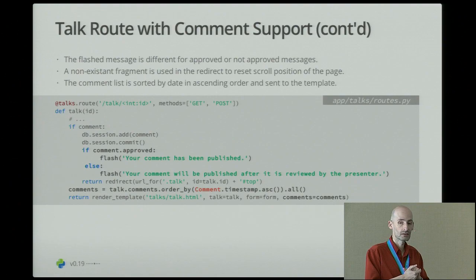That will give me the query that gets me all the comments for that talk, only for that talk. And then I order them in ascending order by date, by the timestamp. And I send them down to the template for rendering. Okay? Any questions about this?